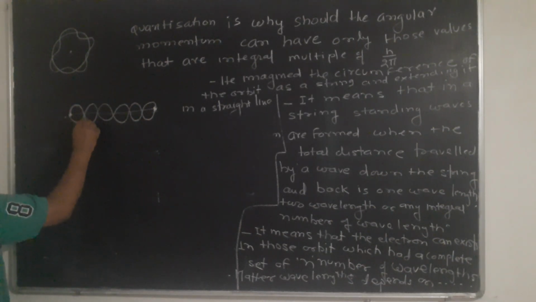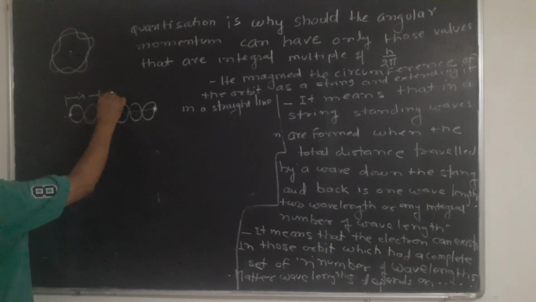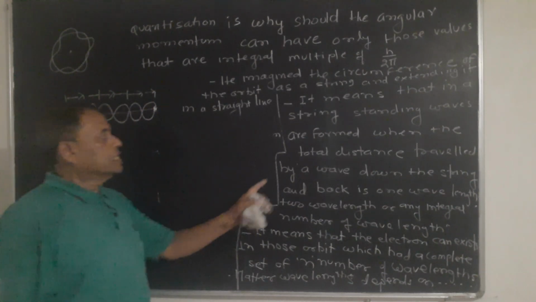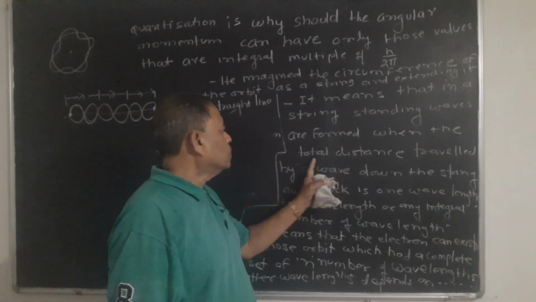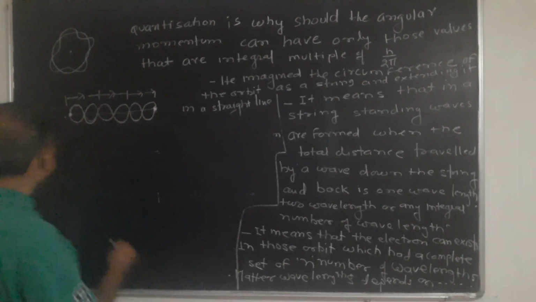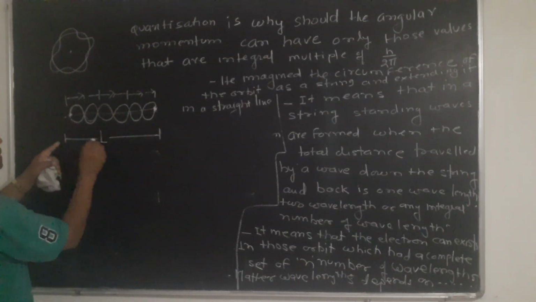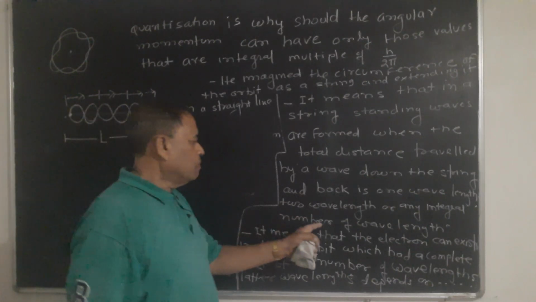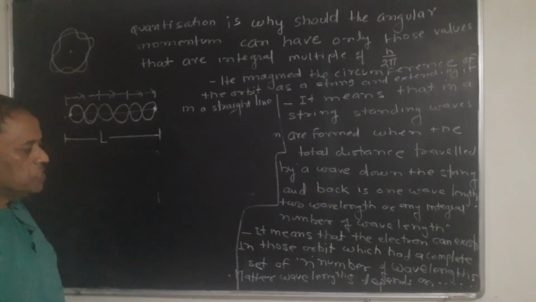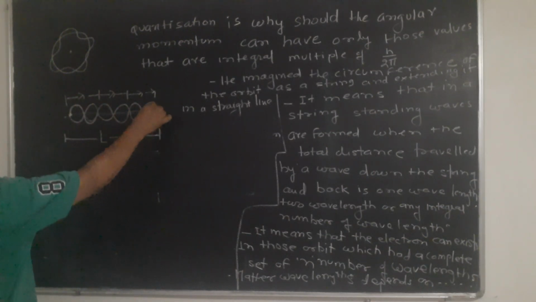This means the electron can exist in those orbits which have a complete set of n numbers: 1, 2, 3.